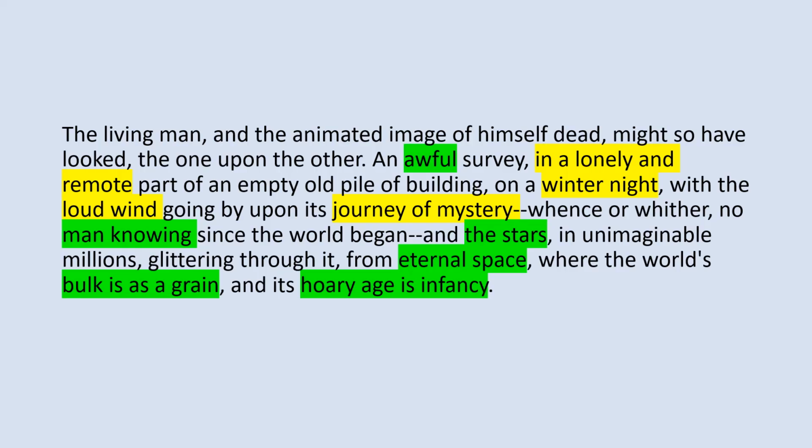Take a moment to just read the end. But what we see here is the narrative kind of moves away from the haunted man and his doppelganger, and it's slowly moving away. Now we're looking at a remote part of an empty old pile of buildings on a winter's night.